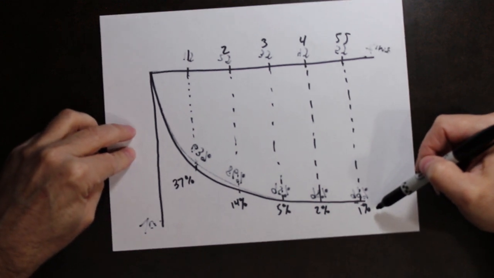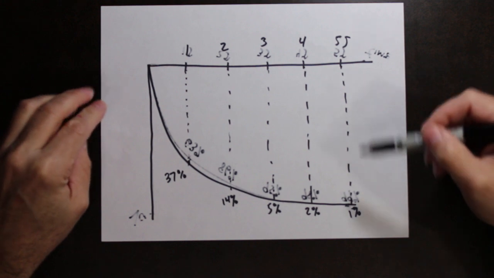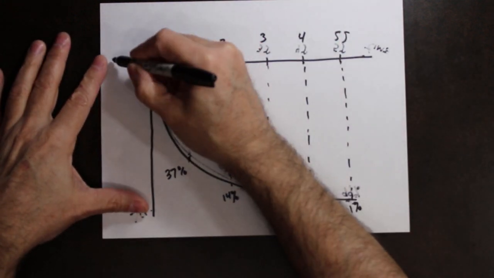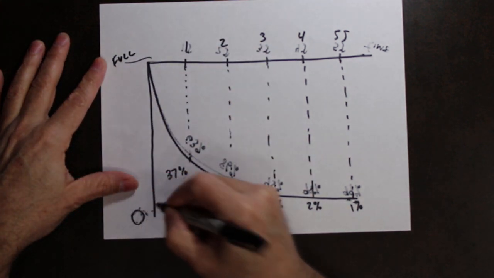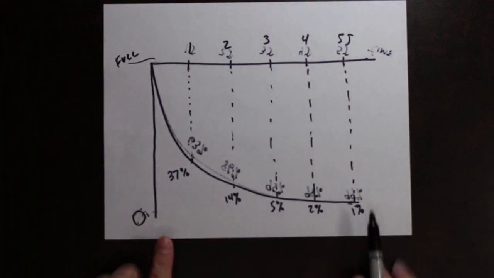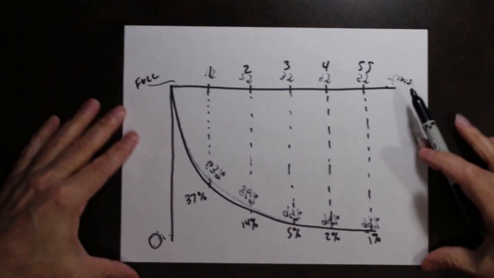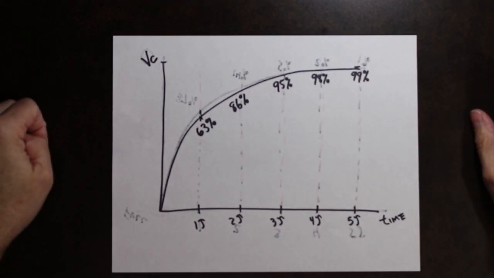They are the mirror opposites of each other. So the capacitor itself will go from full charge to 0 in 5 tau in a curve that looks like this. It's the exact opposite of the charge curve.